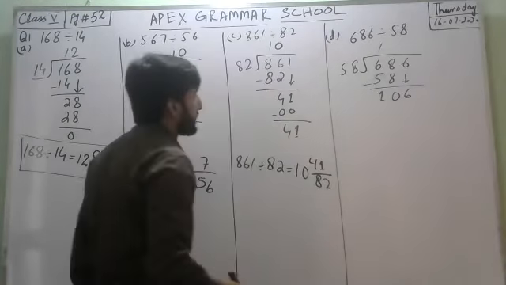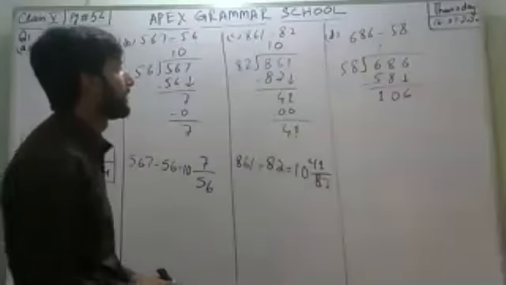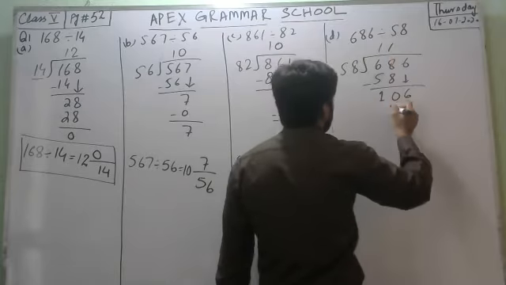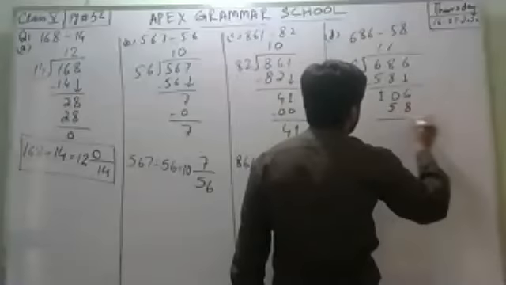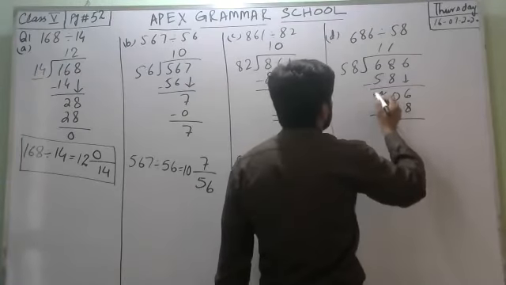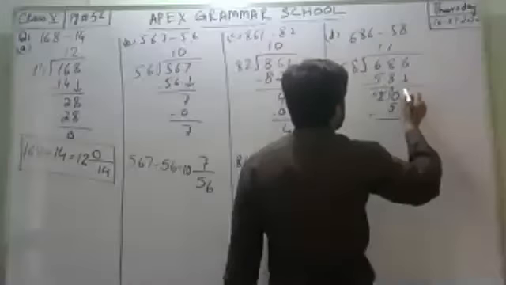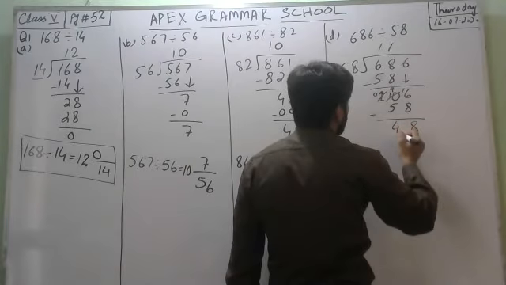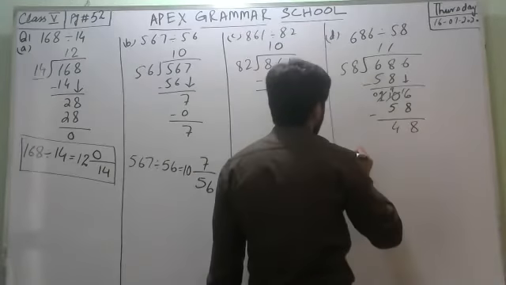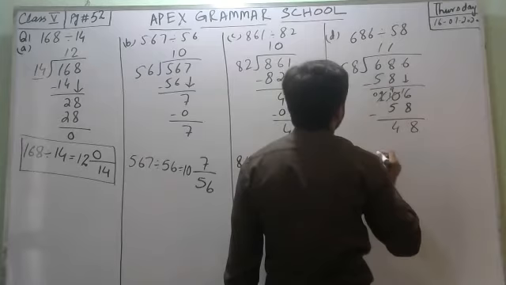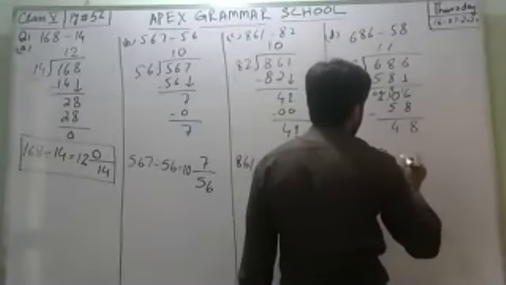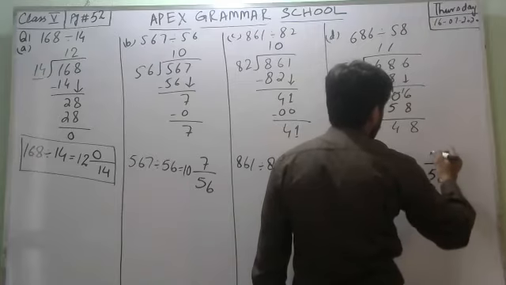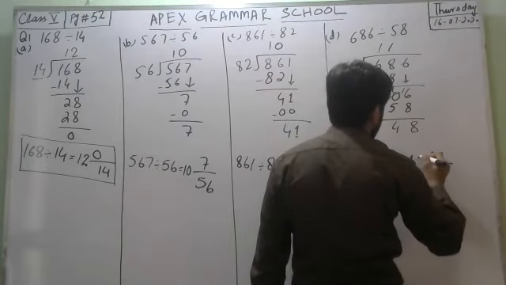Now 58 ones are 58 and 58 twos are 116. 116 will be greater, so we have to use 58. 16 minus 8 is 8 and 9 minus 5 is 4. Remainder is 48. So 686 divided by 58 equals to 11 and 48 over 58.